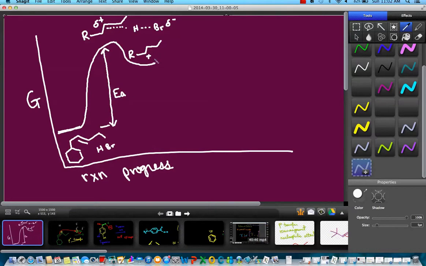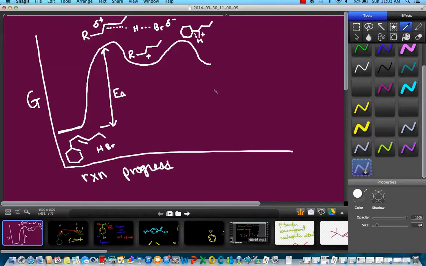The second step is when I have my rearrangement. And when I have my rearrangement, now I will draw the ring. The hydrogen's beginning to break, and the hydrogen's beginning to make.